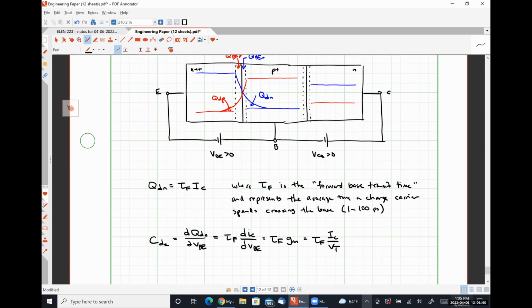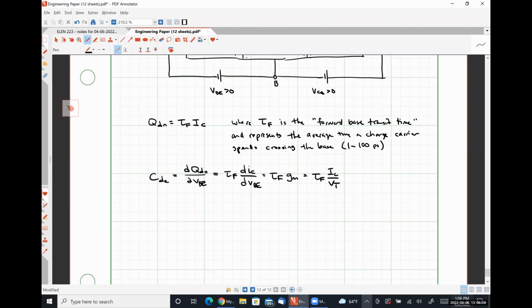Now we're going to revisit our junction capacitance. The base emitter junction capacitance, CJ naught, occurs due to the stored charge in the depletion region of the base emitter junction. Since the base emitter junction is forward biased, CJE will be larger than CJ naught.